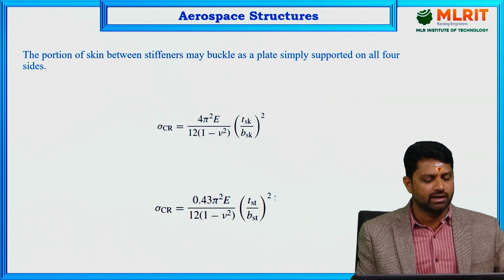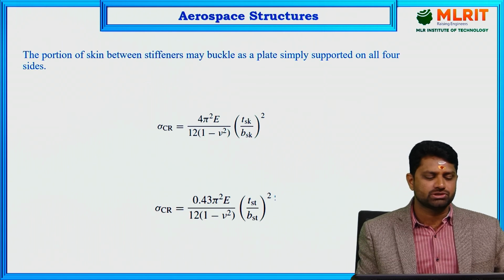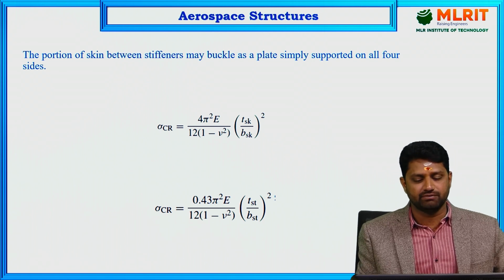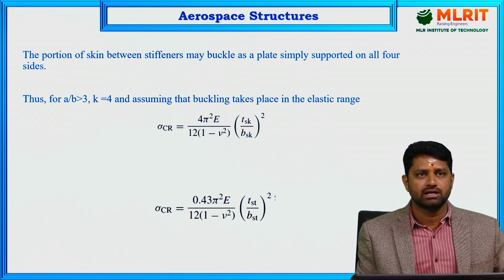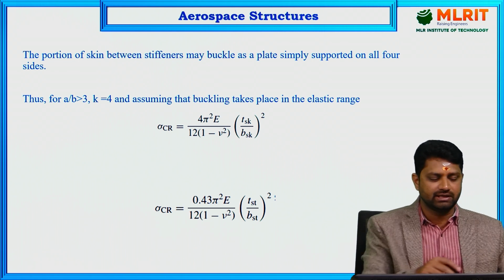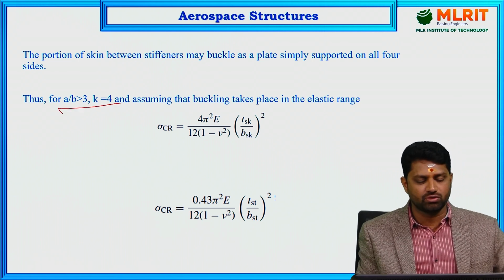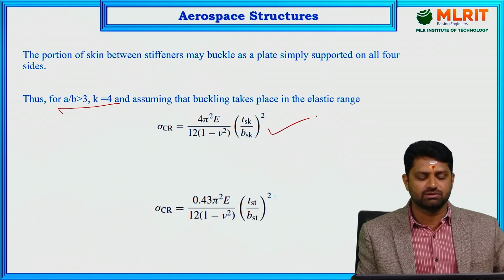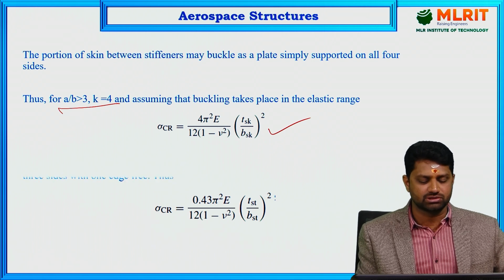For example, the portion of the skin between the stiffeners may buckle as a plate simply supported on all four edges, and for that case you can assume A by B ratio greater than 3 and K as 4. Therefore the critical stress is sigma critical equals 4 pi square E divided by 12 into (1 minus nu square) into (TSK by BSK) whole square.